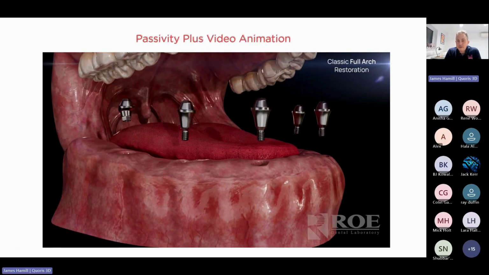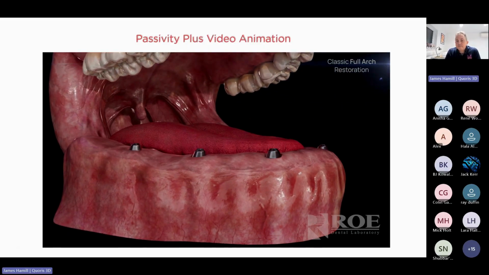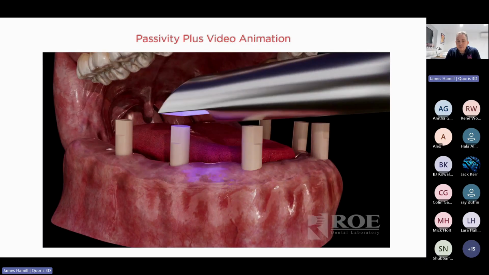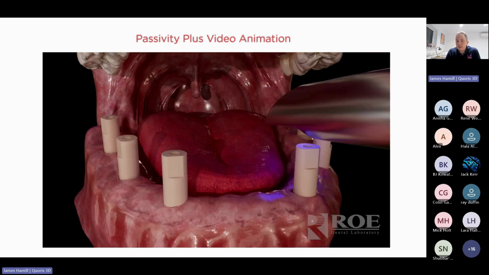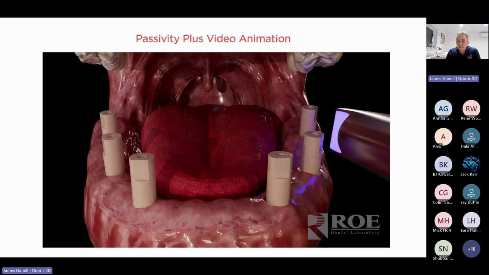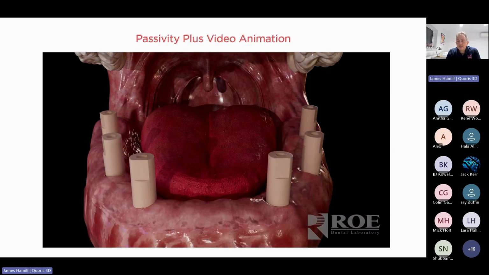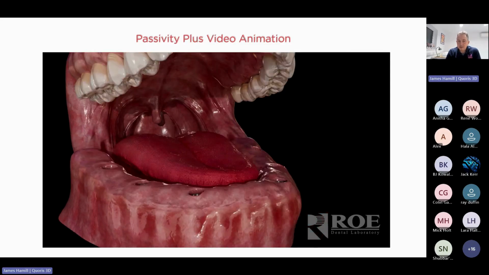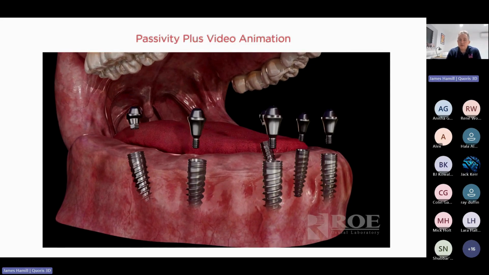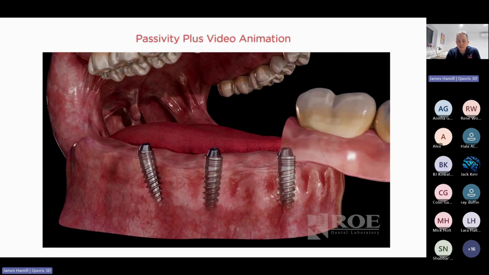So here we have a situation of MUAs. These are the MUAs and these are the scan bodies. And this is probably the most inaccurate way to scan for a full arch bridge, which is using what are called vertical scan bodies with an IOS. No wonder you're going to have problems, and I can guarantee that they won't fit particularly well unless you use Passive Plus tie bases.